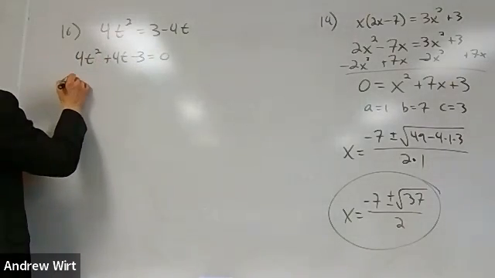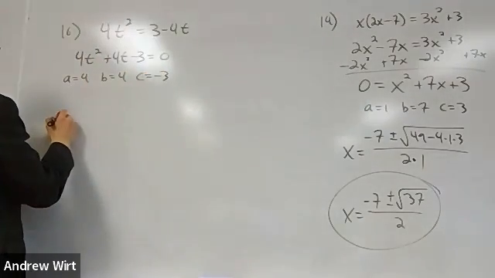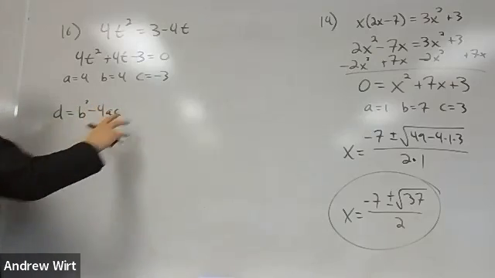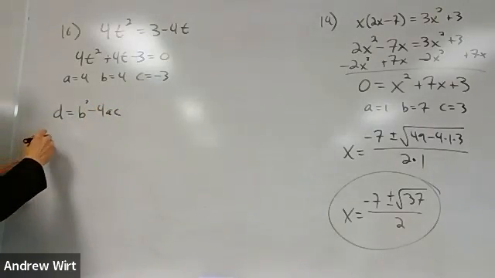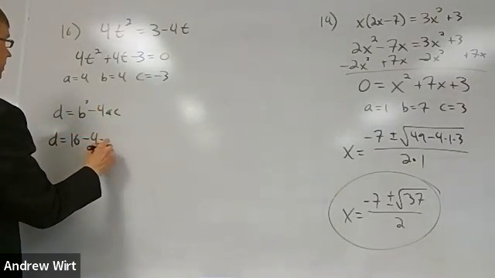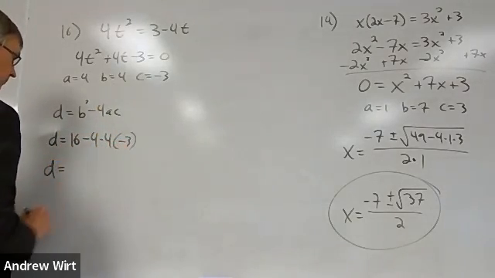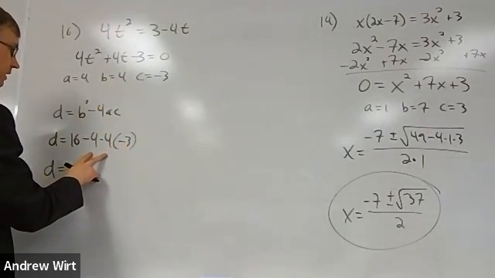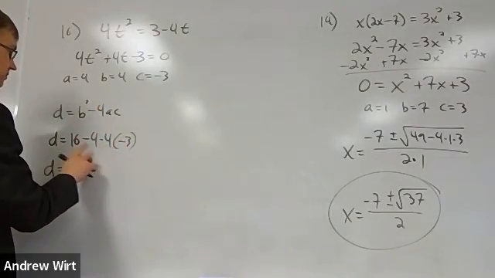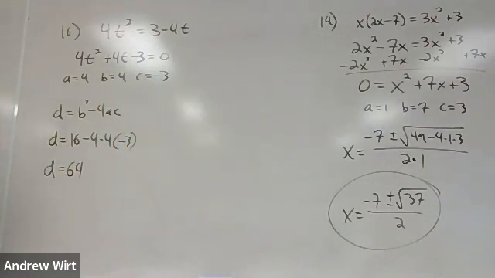So A is 4, B is 4, and C is negative 3. So let's calculate the determinant. B squared minus 4AC. Remember, the radical is not in the determinant, it's just the thing underneath the radical. B squared, that's 16, minus 4 times 4 times negative 3. This will be 16 times 3, 48. It's negative, so we have 16 minus negative 48. So that is 64. So you have a determinant of 64.